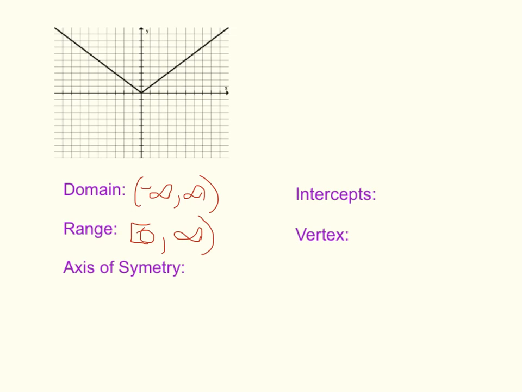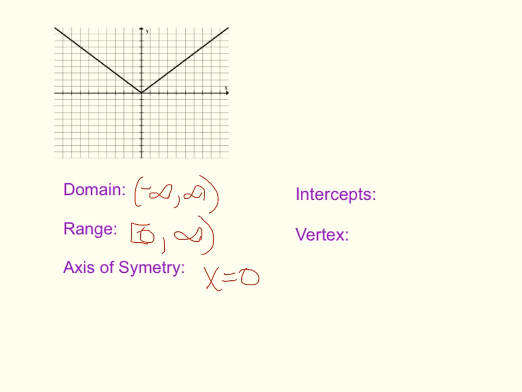Now, the axis of symmetry might be a new term for some of you. Axis of symmetry is another way of saying the line of symmetry. Where could the line be drawn to make the left side and the right side be symmetrical? For the parent absolute value function, it's going to be the vertical line where x equals 0.